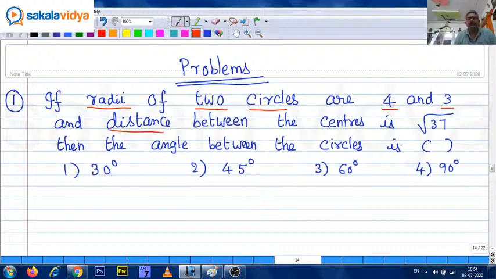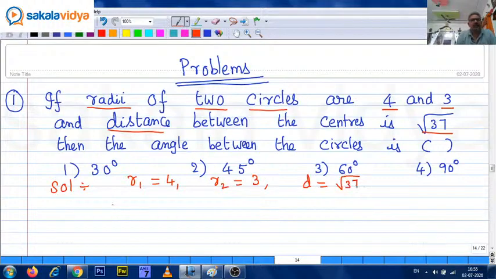The distance between the centers is root 37. Then the angle between the circles we need to find out. That means what is given here? R1 equals to 4, R2 equals to 3, D equals to root 37.